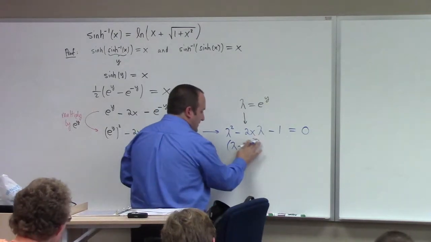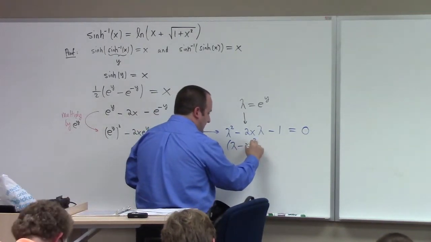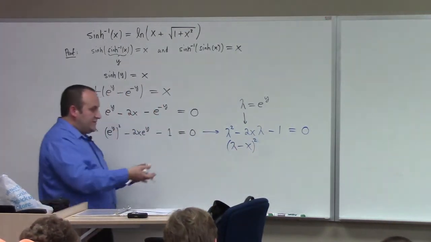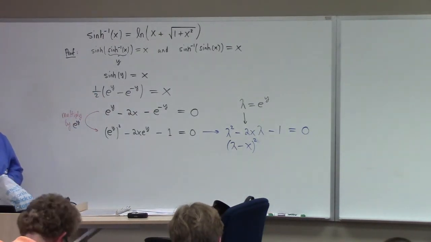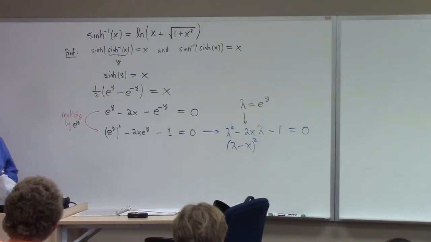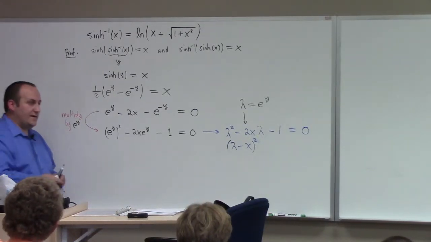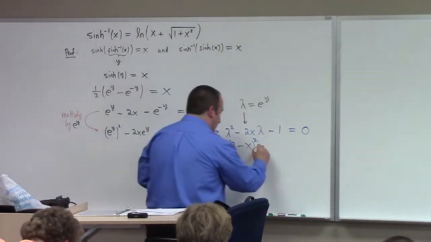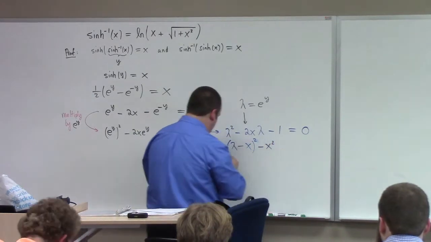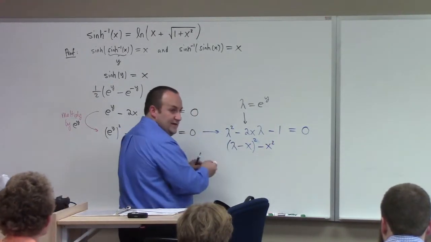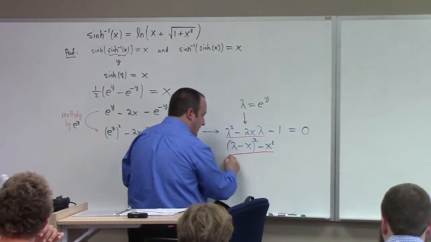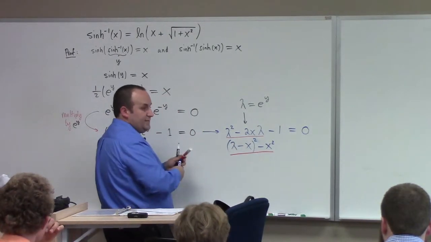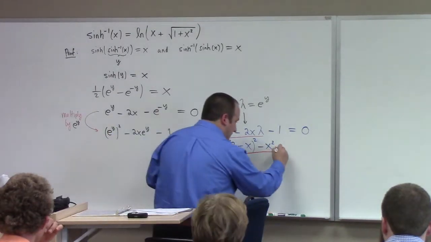Now, by writing lambda minus x squared, what does that do? It will reproduce lambda squared. It will reproduce minus 2x lambda. But it also has the side effect of adding x squared, right? So to be fair, I subtract x squared. Now, what I've written so far is equal to these terms. Then there's still this extra minus 1 sitting there, so minus 1.